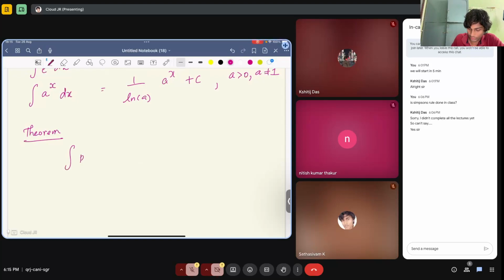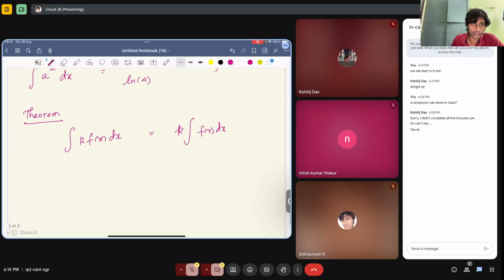If you have the integral of k f of x dx, this can be written as k times the integral of f of x dx. And if you have the integral of f of x plus or minus g of x dx, then this is nothing but the integral of f of x dx plus or minus the integral of g of x dx.